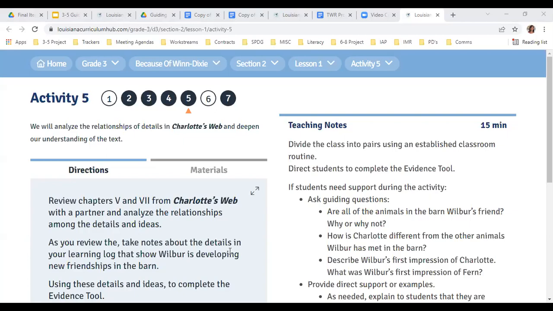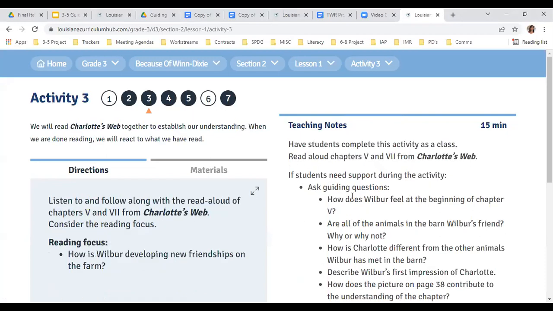All right, so I see that some of you have posted in here some opportunities for pulling in those optional activities as well as some core supports. So I want to specifically look at activity 3. Activity 3 is asking guiding questions, and these are some supports that could help set up the relationship with Wilbur and Charlotte.